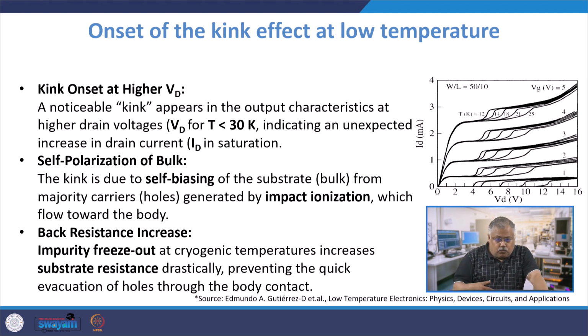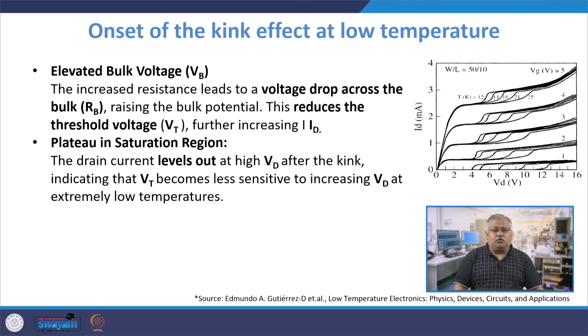Now what typically happens is, as you move to cryogenic temperatures, the substrate resistance increases because of carrier freeze out. The impurities freeze out drastically, so the number of particles, which are the holes in this case, will drop down. As a result, the body bias effect increases to a larger extent, and the holes are quickly evacuated to the body contact.